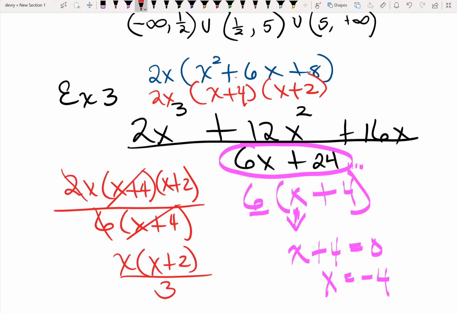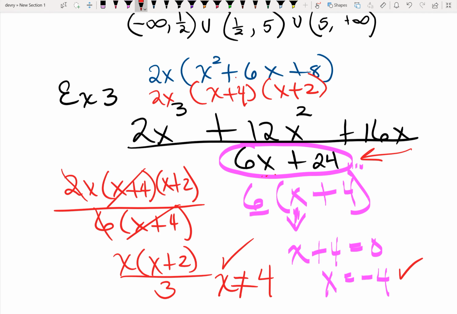And you'll be under the impression that there is no value that needs to be eliminated. In this case, you have to understand that this is a restriction. So initially, focus on factoring the denominator, which gives you the restriction of negative 4. Now, your final solution will be this, but the elimination is that x is never equal to negative 4.